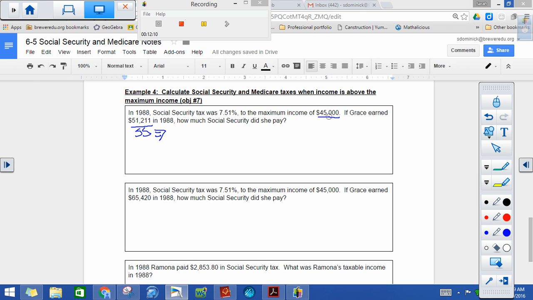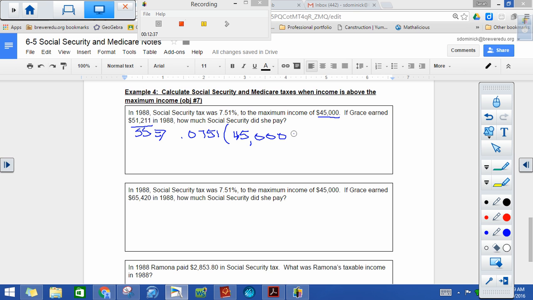So Social Security doesn't care if you make more than this. It's going to pretend that is all you made. So this number of what she actually made, I don't care about. So the percentage is 7.51, which is 0.0751 as a decimal. Instead of multiplying it by what she made, I'm going to multiply it by the maximum that they're going to take into account.